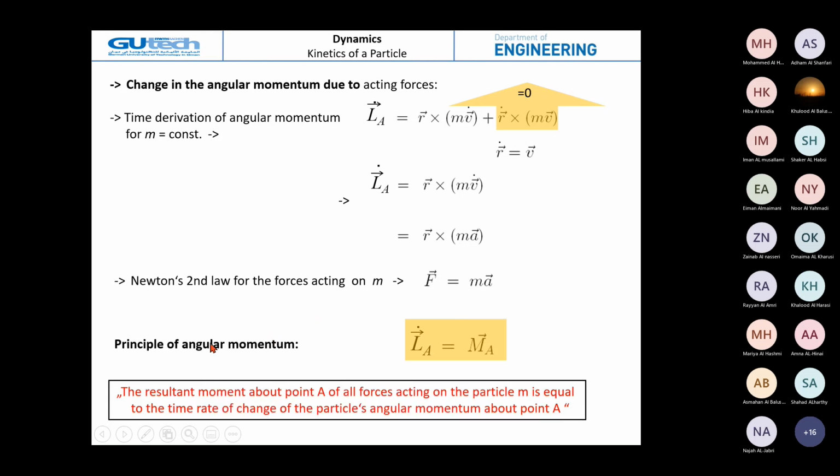Now, if I summarize, we say the resultant moment M about point E of all forces acting on the particle M is equal to the time rate of change of the particle angular momentum about point E. This is the general case.